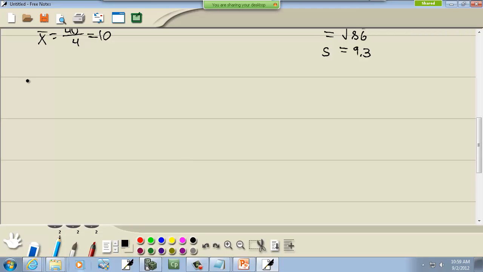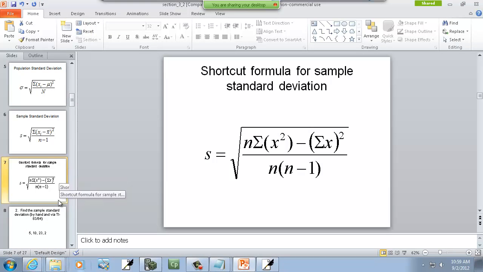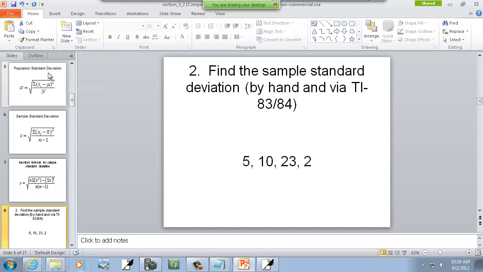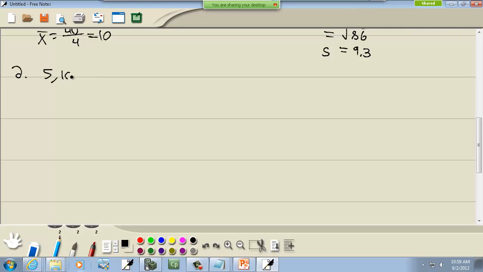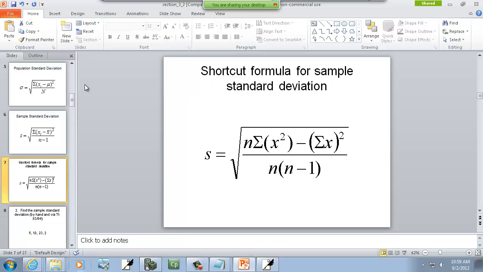Well, let's look at this problem reworked using the shortcut formula. So let me write the problem down again. We got 5, 10, 23, and 2. And we use our shortcut formula.